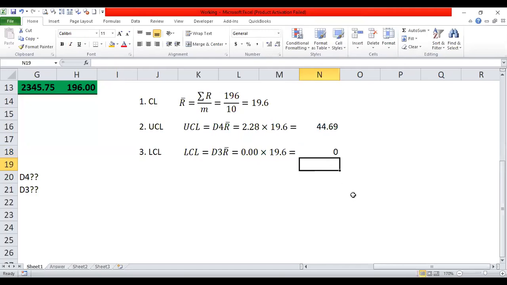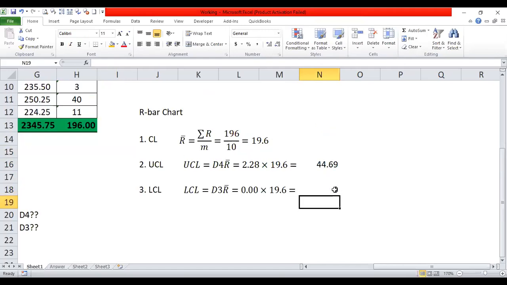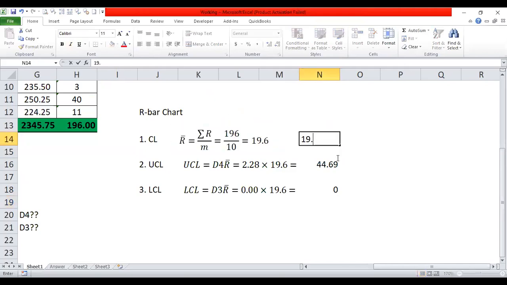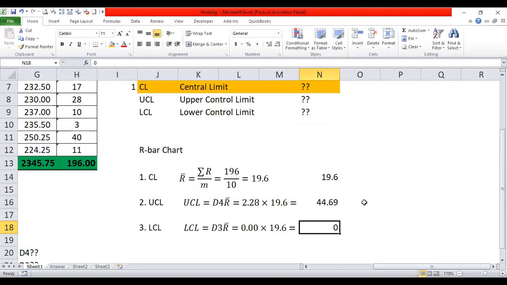So lower control is 0. So now we have the 3 values: 19.6, 44.69, and 0. So we have now the 3 values needed to draw the R bar chart.